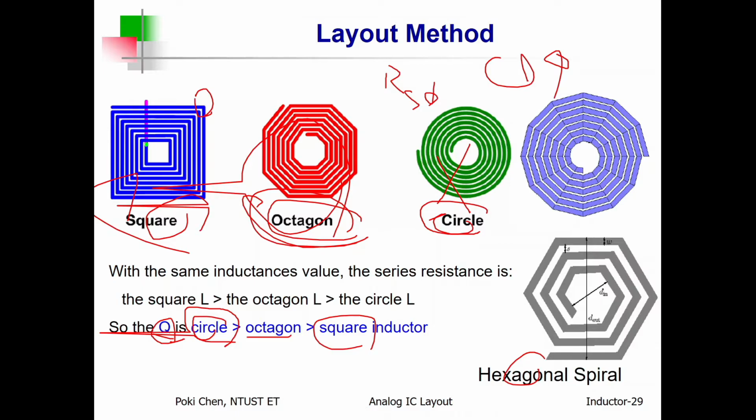Since the difference for Q factor among them actually is not so much, you don't need to spend a lot of time for such kind of circle layout. However, the other problem is some of the process don't allow such kind of circular layout. Forget about it.